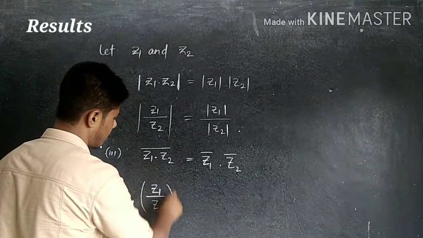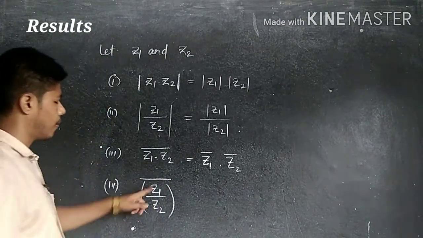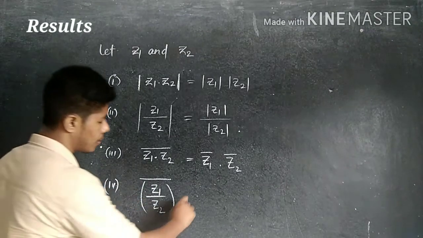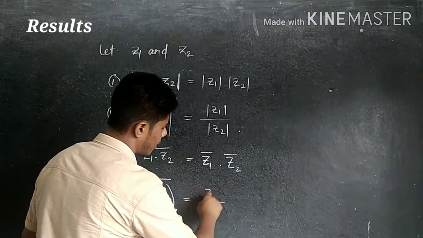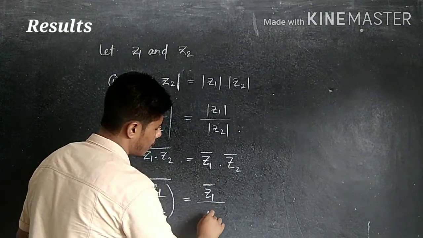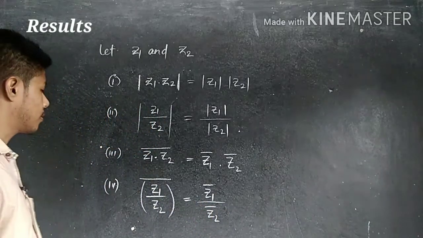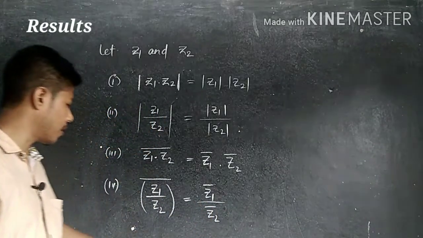If this type of result we get anywhere, we can separate the bar, that means we can write Z1 bar divided by Z2 bar. Is it clear?